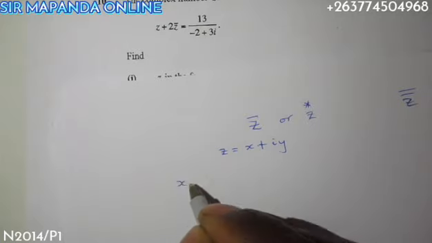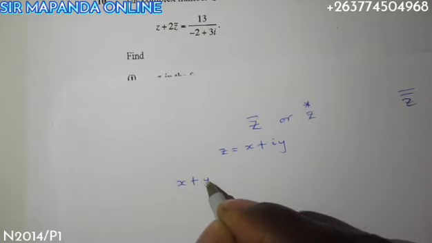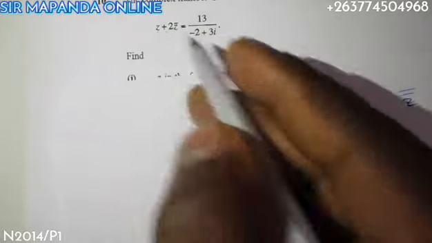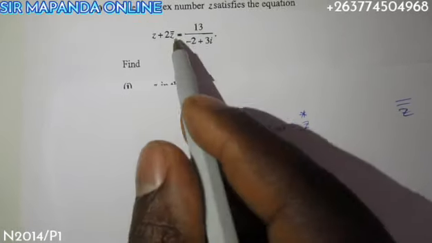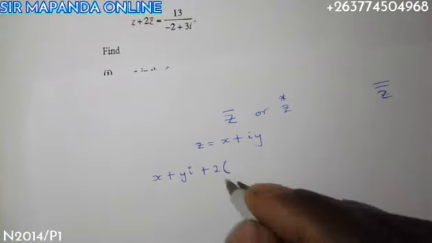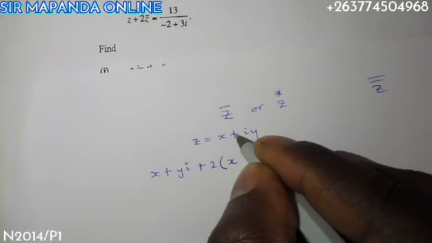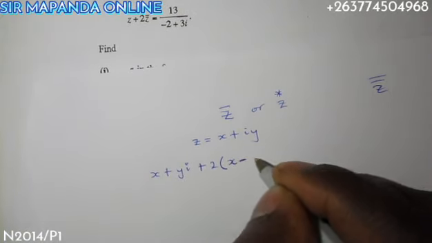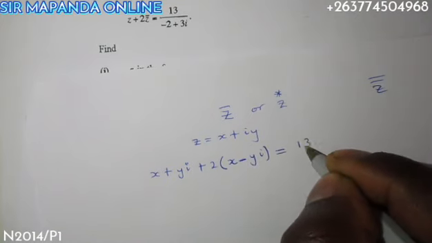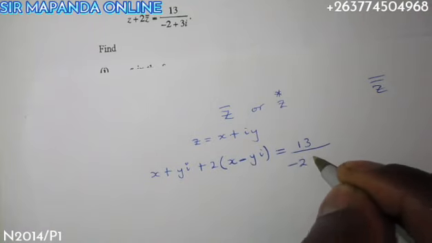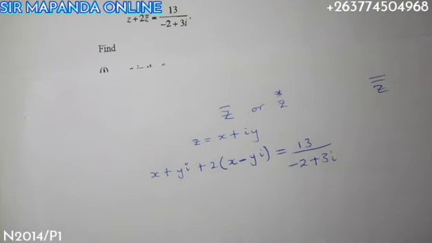You get x plus yi for z, plus 2 open bracket. We have conjugate of z in front of 2. For the conjugate, you simply convert this plus into minus. So it's now x minus yi, is equal to 13 over minus 2 plus 3i.